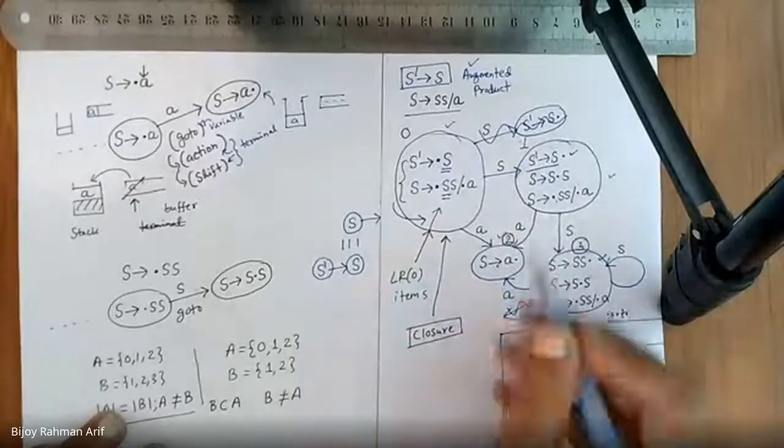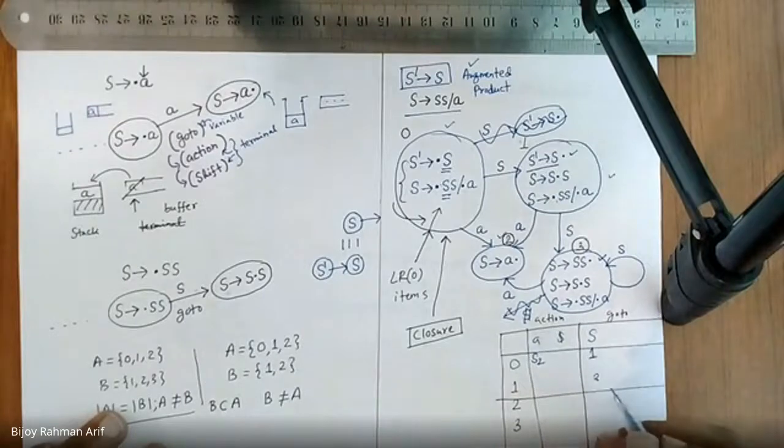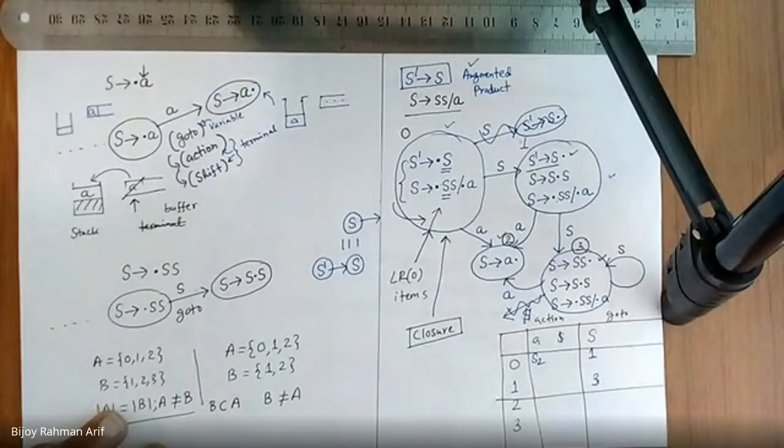Okay, so it is done. Let's go to state number 1. State 1 seeing S, where should I go? 3. And 1 seeing small a, where should I go? S2.